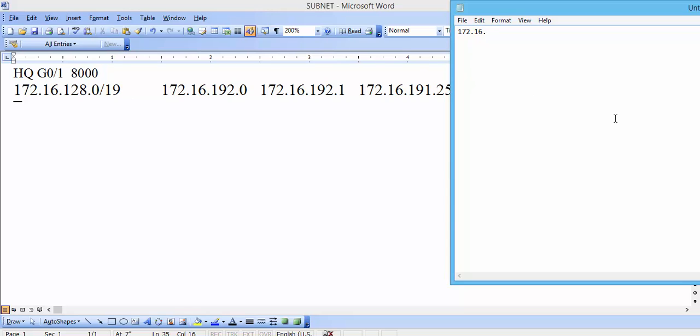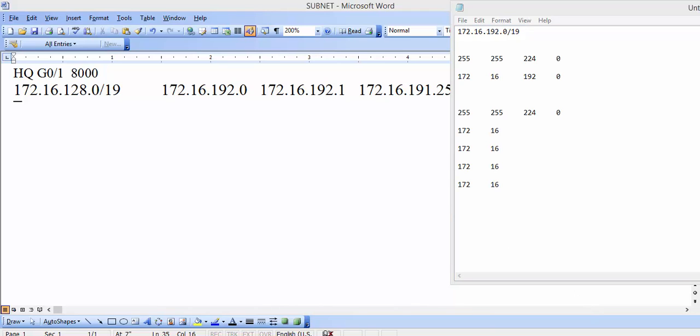So 128 plus 64 is 192, dot 0, and since it's 8,000 hosts, it is not slash 18, it's going to be slash 19.